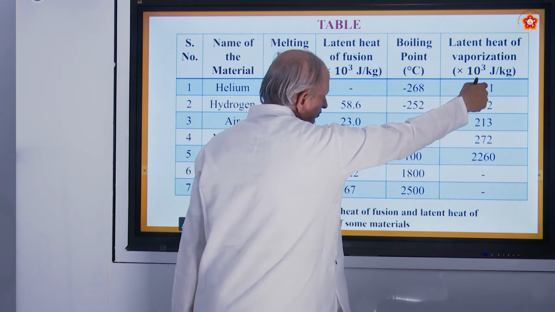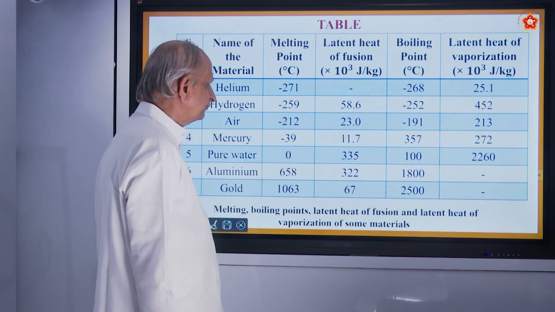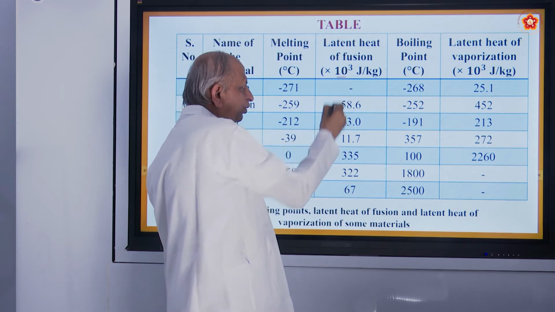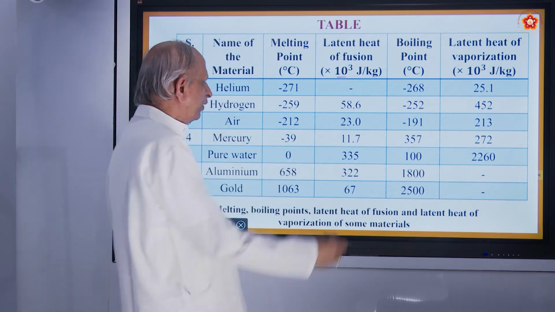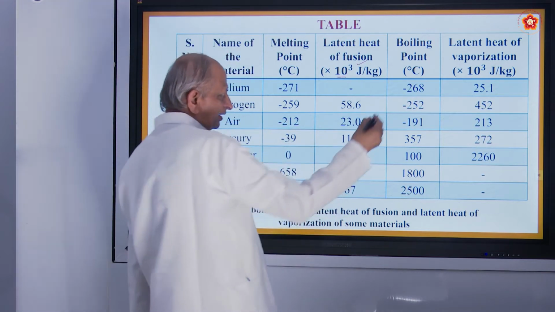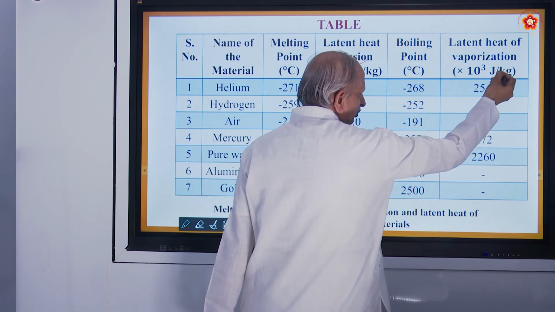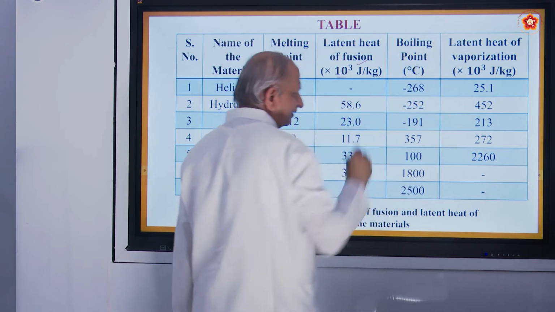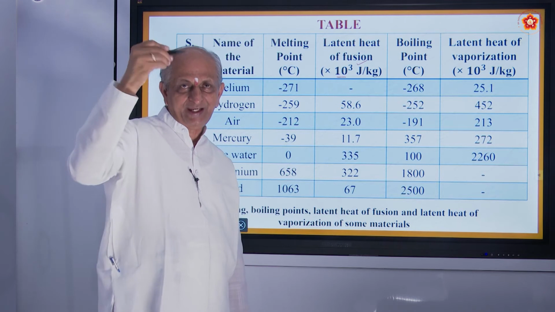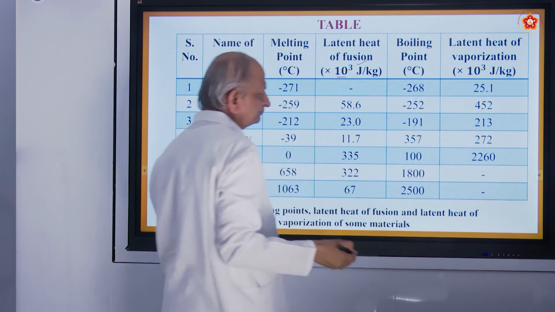Liquid into gas, that is called latent heat of vaporization. All these are measured for 1 kilogram of the substance, the amount of joules of energy required to convert 1 kilogram. Here also, the amount of joules required to convert 1 kilogram of water into steam or any other liquid into a gaseous state is called latent heat of vaporization.